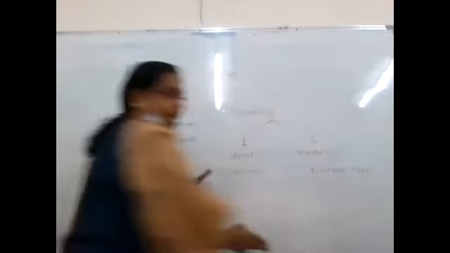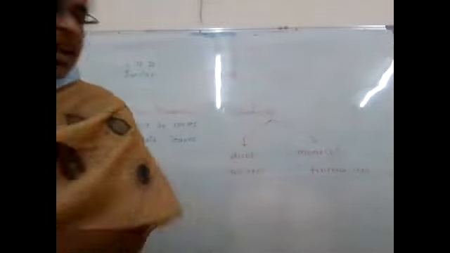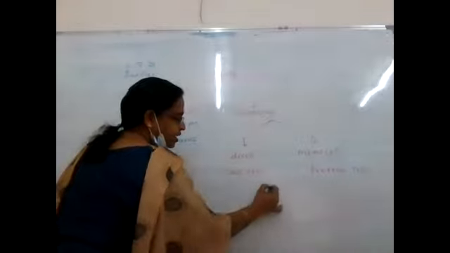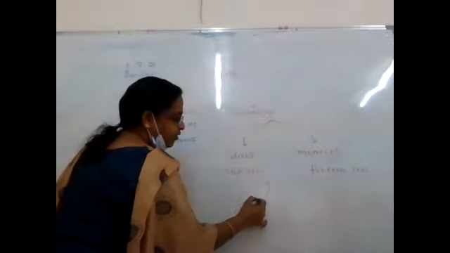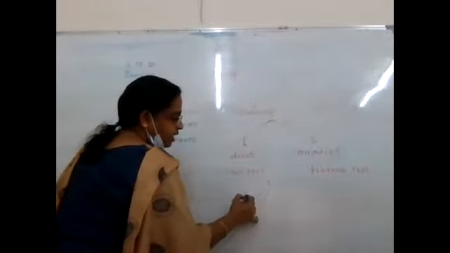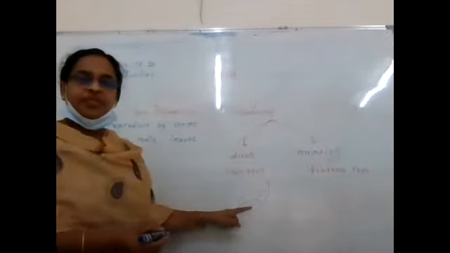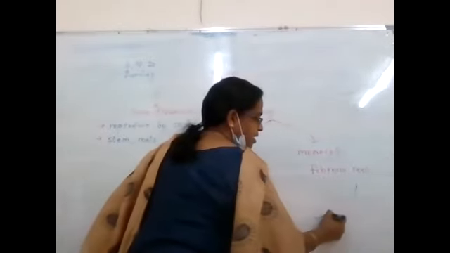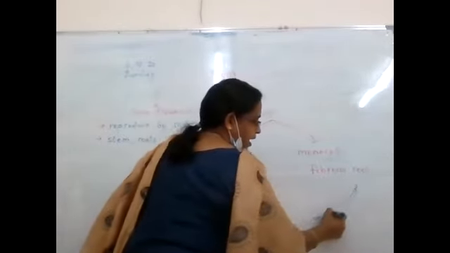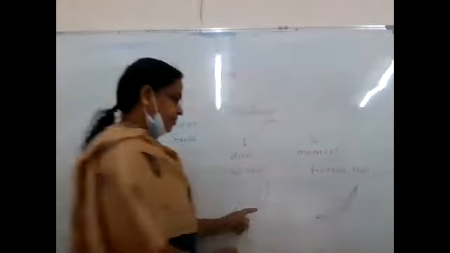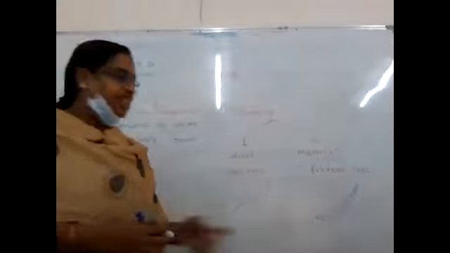Another point is that in these plants, if you check the leaf, the veins form a network like this. But for monocots it is parallel like this. Did you see the difference?